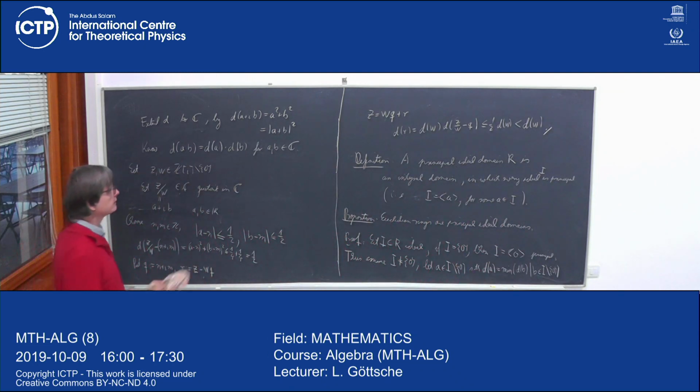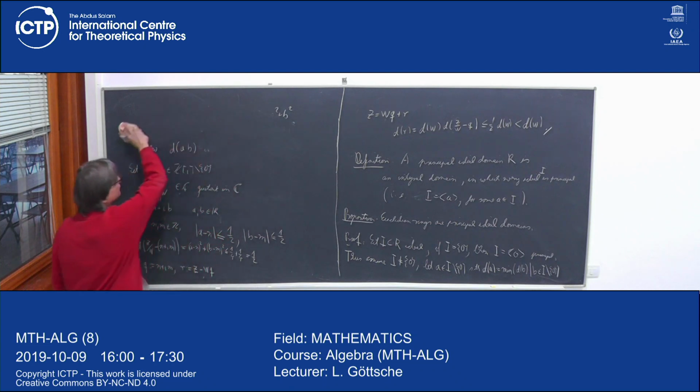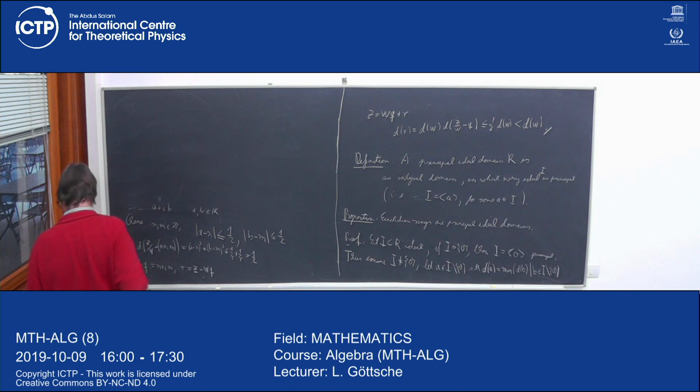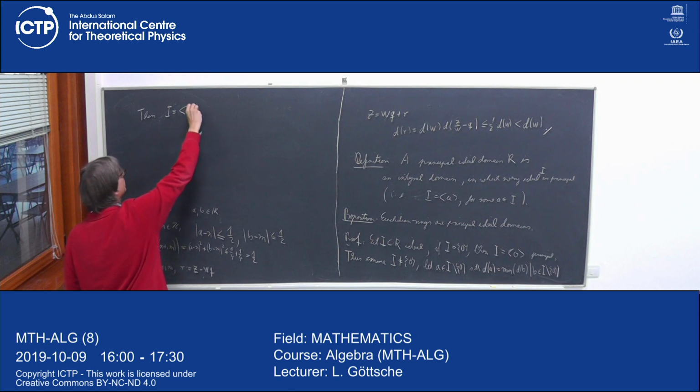And so the claim is obviously that this element generates. And that's also quite simple. So then I is equal to the ideal generated by A.